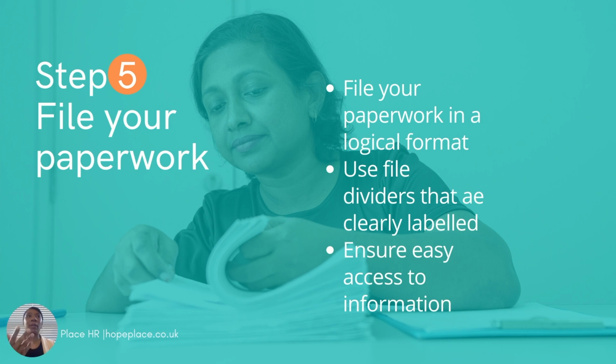So if you want to find out something about your disciplinary, for example, and you already have a section labeled disciplinary, you can go straight to your file divider and open your file at that section. Last but not least, you want to ensure that you keep your file and your timeline up to date. Remember, your timeline is supporting you to keep track of your case.